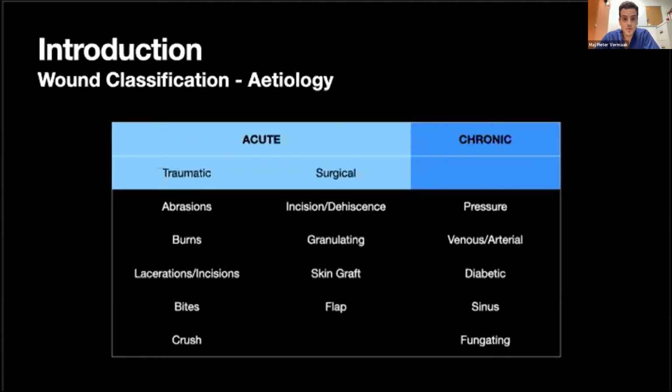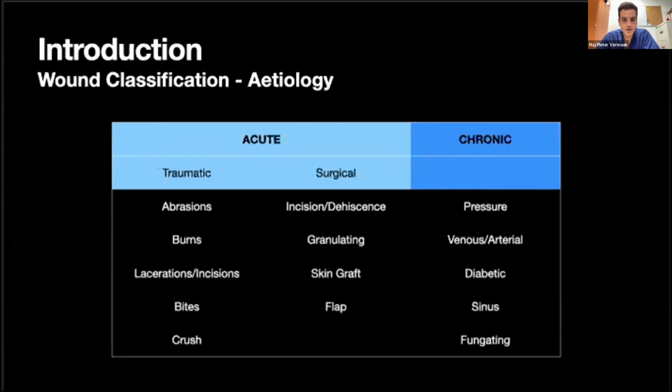And then certainly in my world, it could be skin grafts or flaps that we do. And then if you look at the chronic aspect of wounds, there are pressure wounds. Again, they are horrible things to deal with, but we see them in the community and certainly in hospital, less so now than we used to.